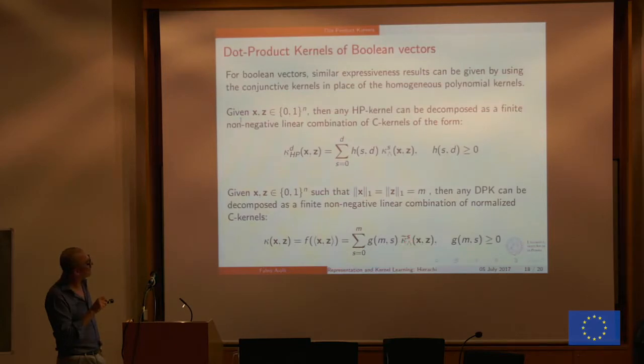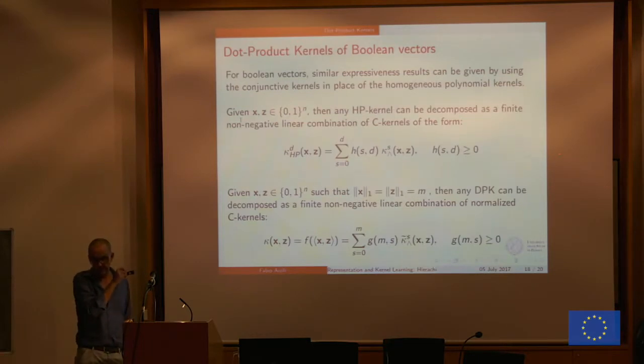We can show that any homogeneous polynomial can be seen as a combination of conjunctive kernels, and also any conjunctive kernel can be seen as a positive combination of normalized conjunctive kernels.